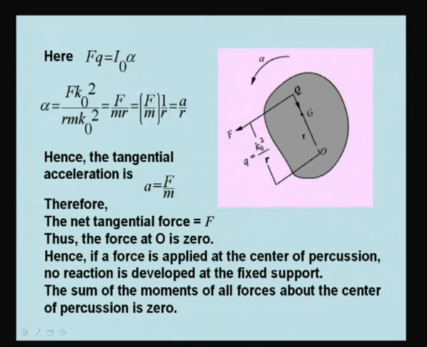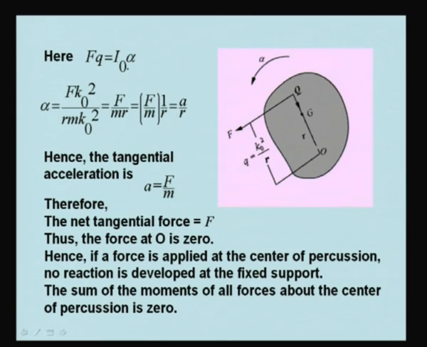So now, if you take the moment about O, you will have F times q equal to I0 times alpha, that basic equation about O you have applied. So alpha is equal to F q divided by I0.